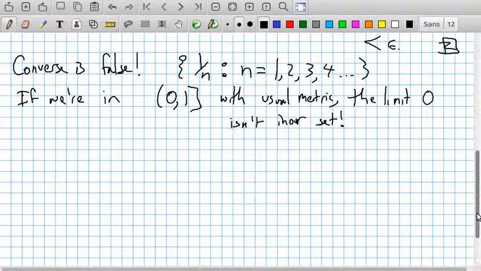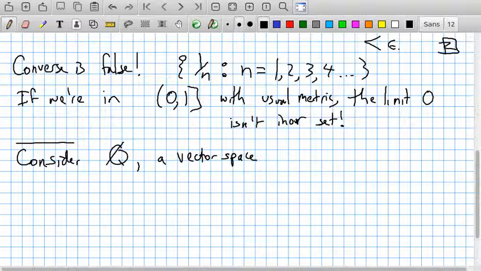So what we really want to do is go after the situation where we've got a normed vector space. Well, where would that work? So consider instead the rationals. The rationals, of course, are a vector space. Add any two rationals, I get a rational.